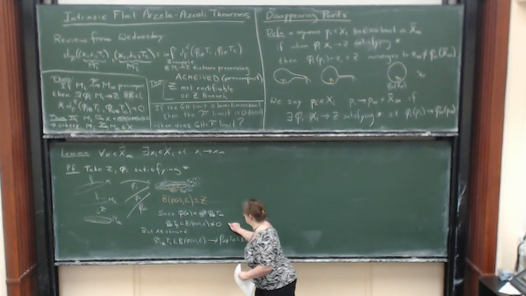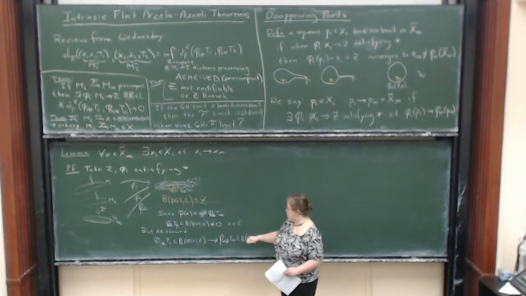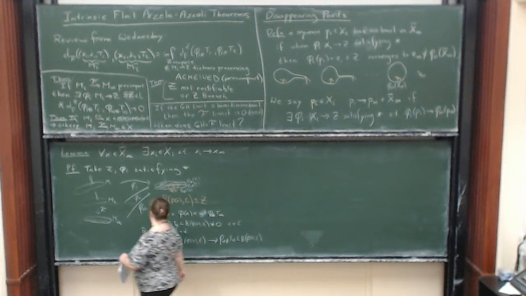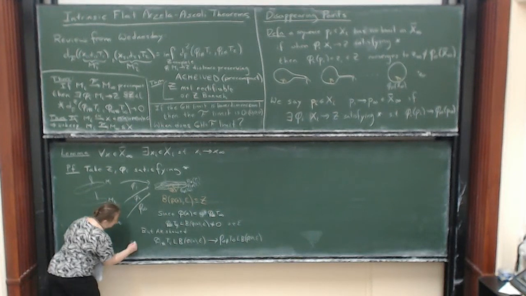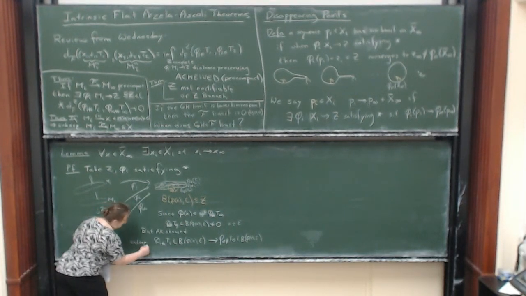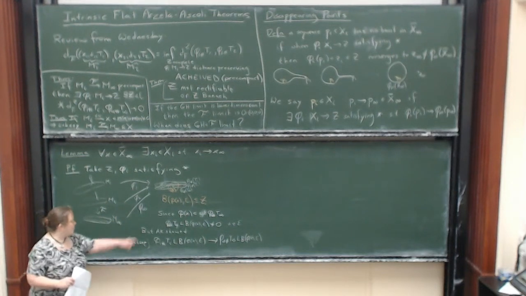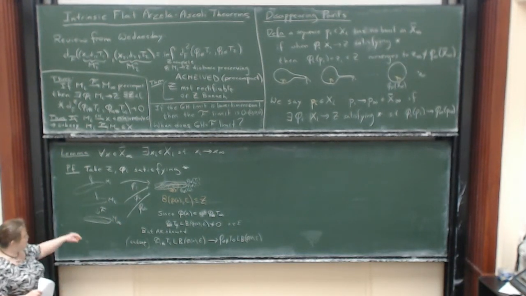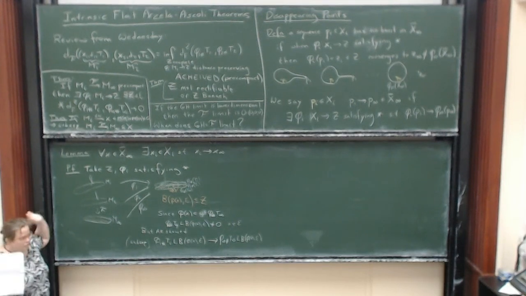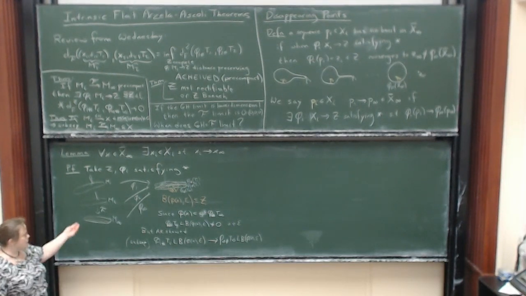Now we need to take almost every epsilon here, and here we need to take a subsequence. Okay, so you have that for almost every epsilon, and we have a subsequence here, but that's all right because we're only trying to understand the limit here.